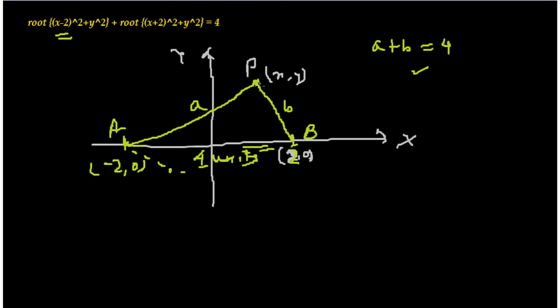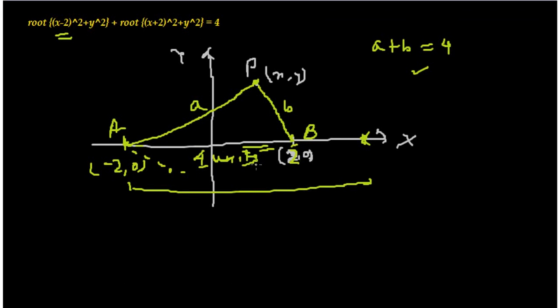Similarly, for point P as shown, AP plus PB is going to be greater than AB. Even if I take a point right here, from A to this point, already this value is greater than 4.